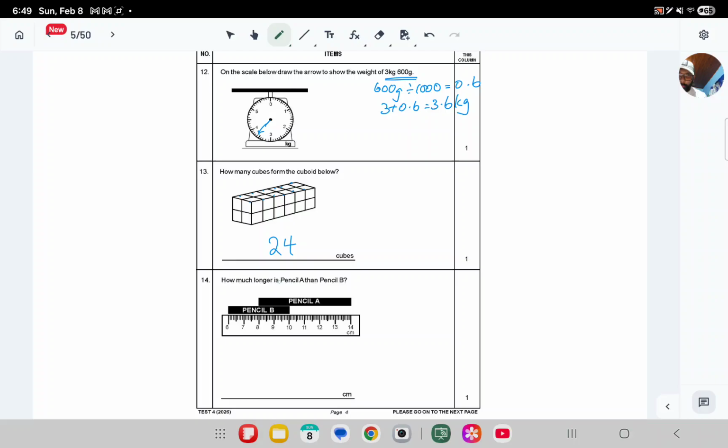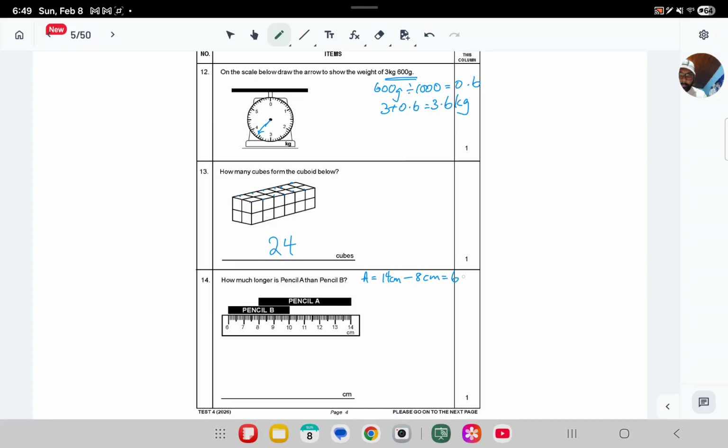Number 14, how much longer is pencil A than pencil B? To calculate the length of an object on a ruler that does not start at 0, we take the point at which it ends and take away the point at which it begins. So for pencil A, it ends at 14 centimeters and it began at 8 centimeters.